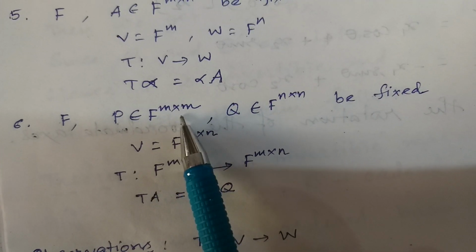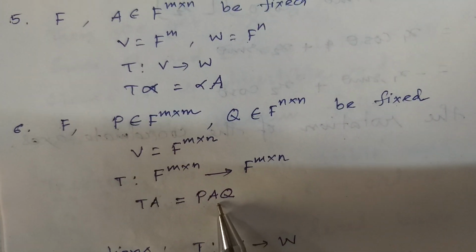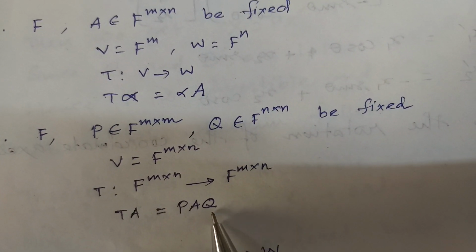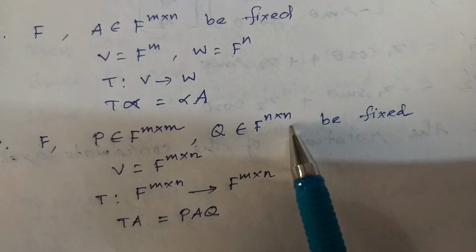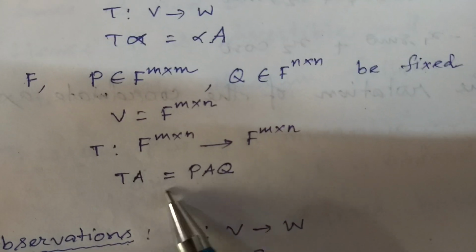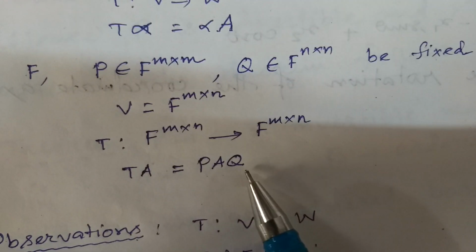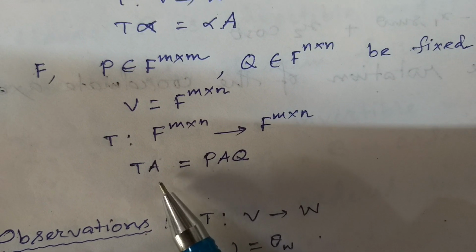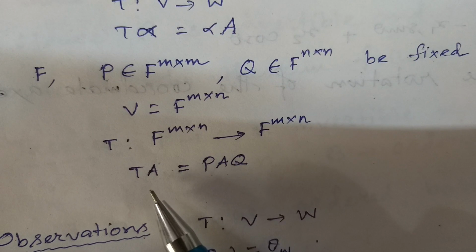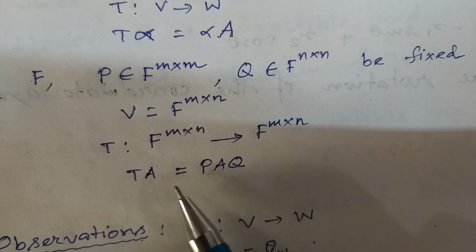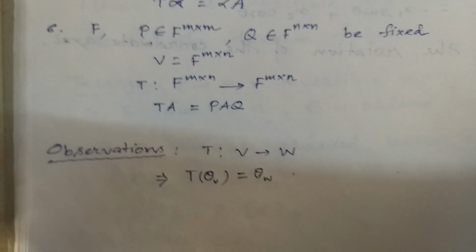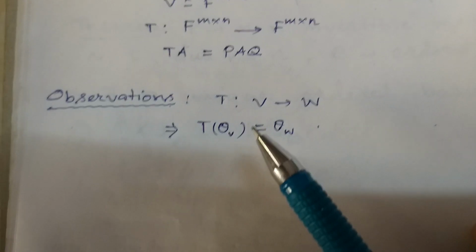Look here, P is m × m, A is m × n, so PA is m × n, and Q is n × n, so PAQ is again m × n. Now you can check that this is also a linear transformation. How? You take two arbitrary matrices A and B from F^(m×n), and c is any scalar, then you have to check that T(cA + B) = cT(A) + T(B).